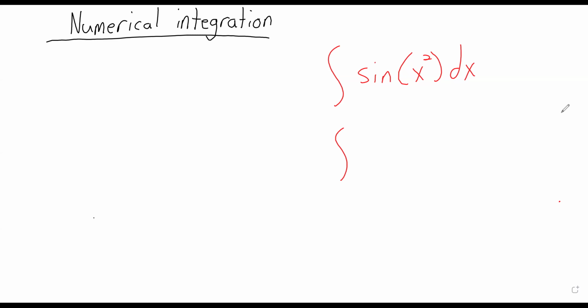And it's really easy to write down functions where we cannot find antiderivatives. And the question then becomes, well, just because we can't find these antiderivatives doesn't mean we never will need to integrate these.